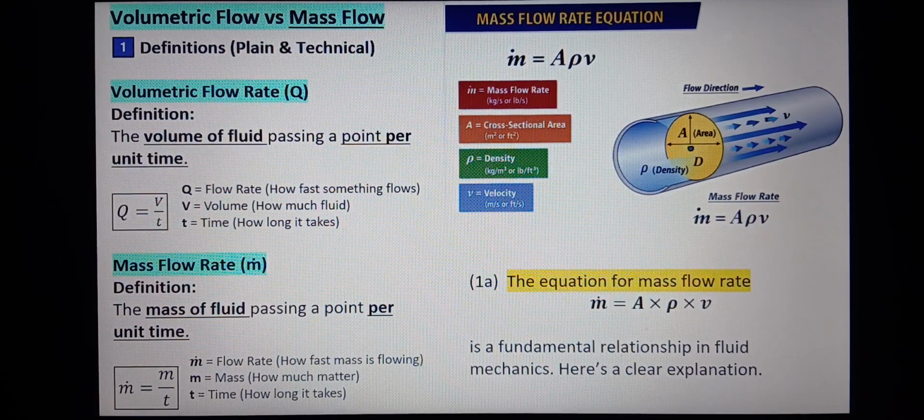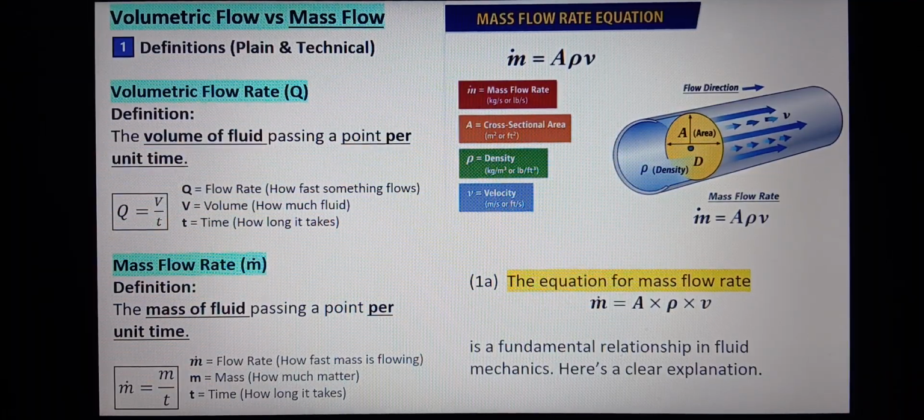Mass flow rate is an M with a dot on top. The definition: the mass of fluid passing a point per unit time, where M with a dot is the flow rate, how fast the mass is flowing. M is a mass, how much matter, and T is time, how long it takes.